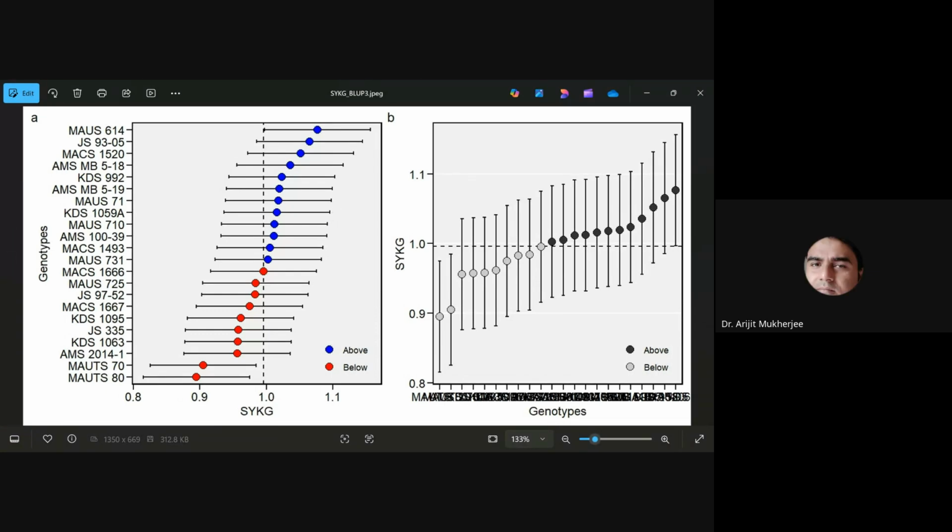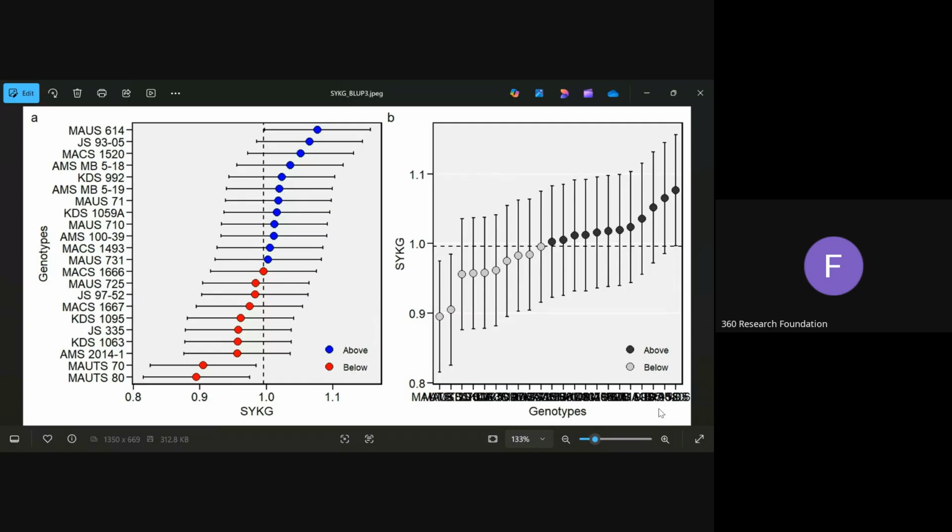I will show you some other graph where those lines are shorter or longer for some genotypes. We can see it in WAAS, so no problem.